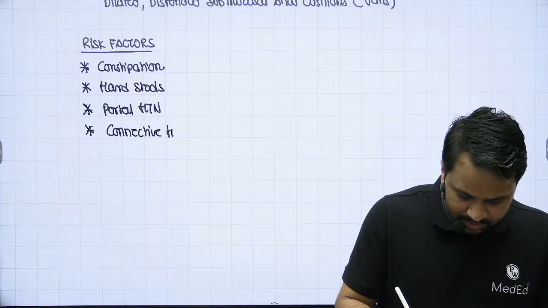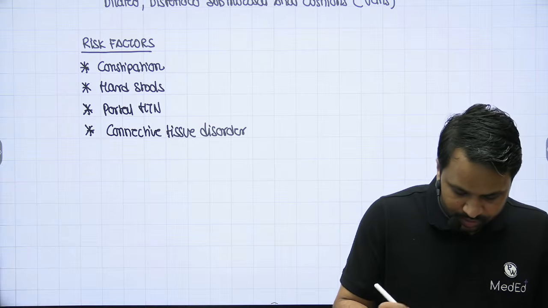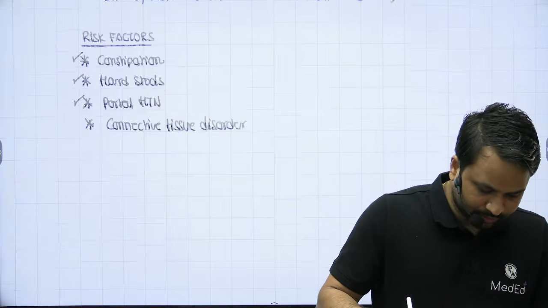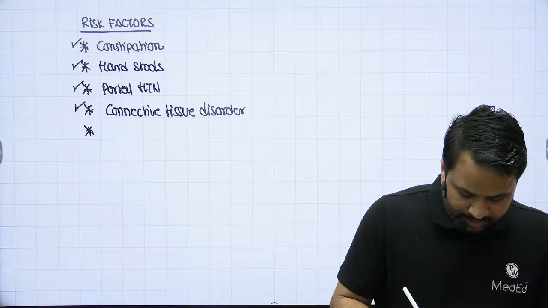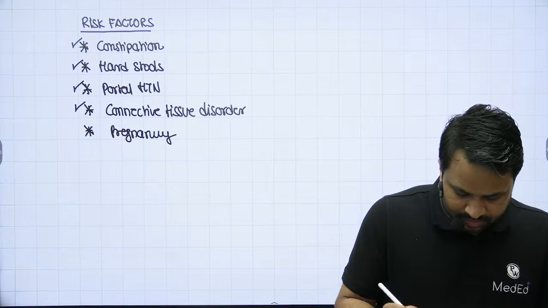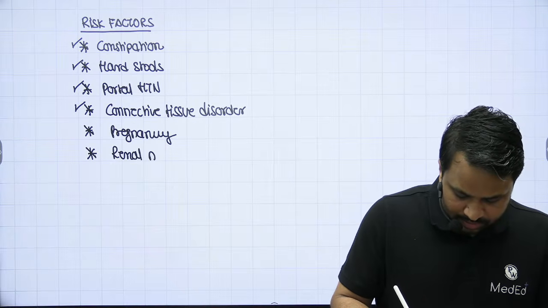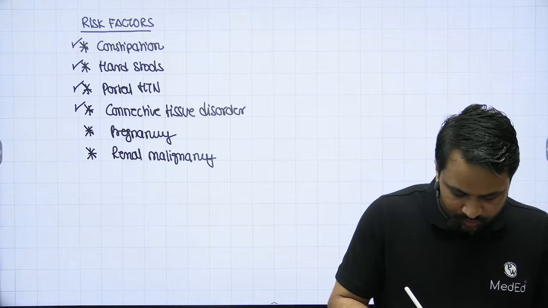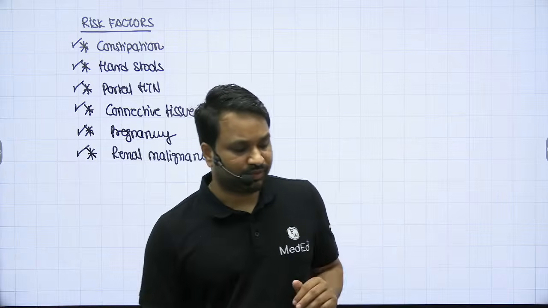So there is constipation, passing hard stools, portal hypertension, connective tissue disorders, pregnancy, and rectal malignancy. These are the usual risk factors for the development of hemorrhoids.